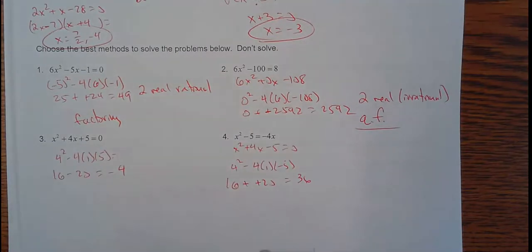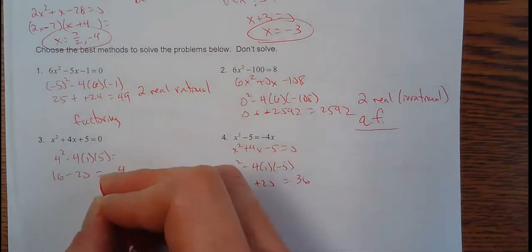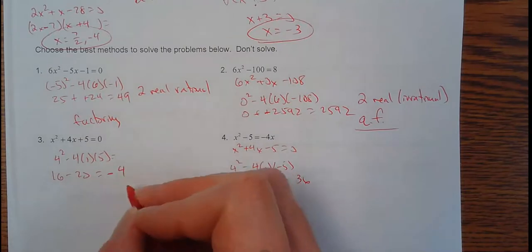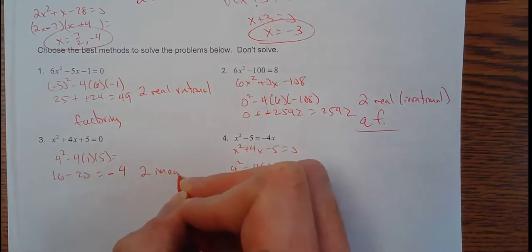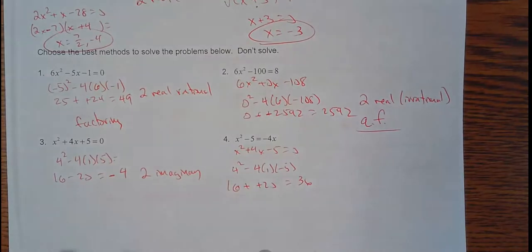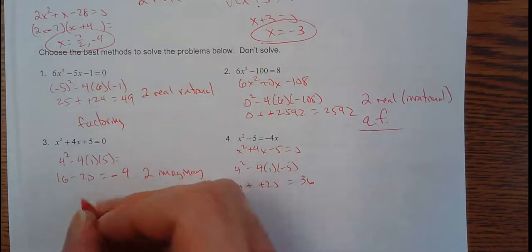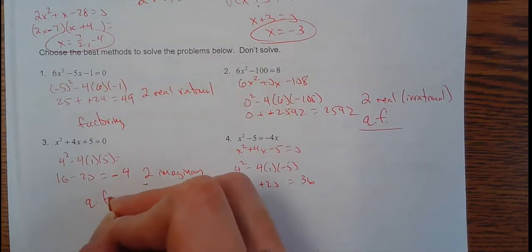Okay, so this one here, I got negative 4 for the discriminant. So negative 4 means if I tried to square root that, I get imaginary. So it's going to be two imaginary solutions. So on this one, I would probably just do quadratic formula.